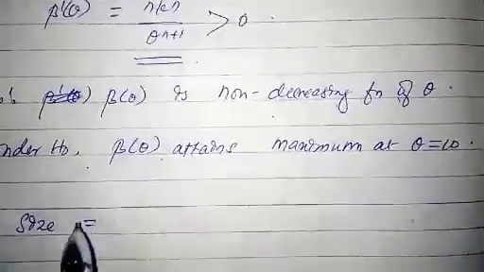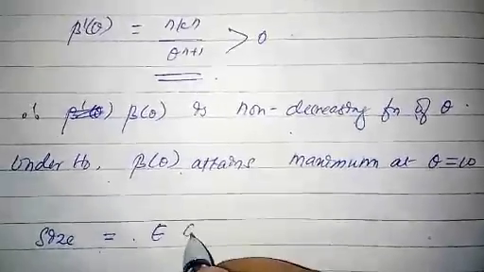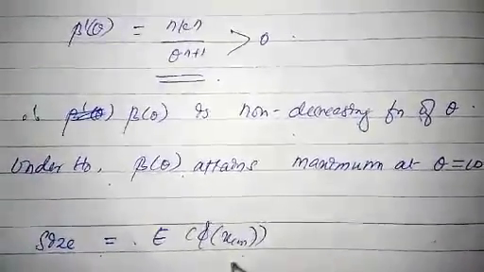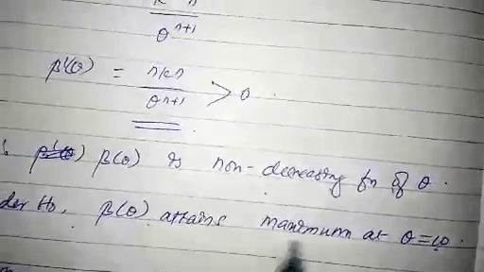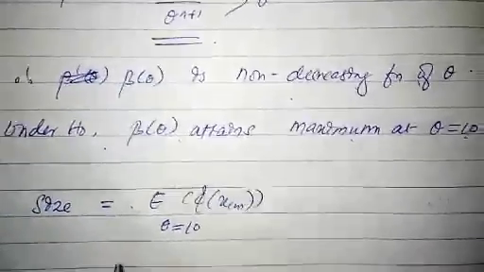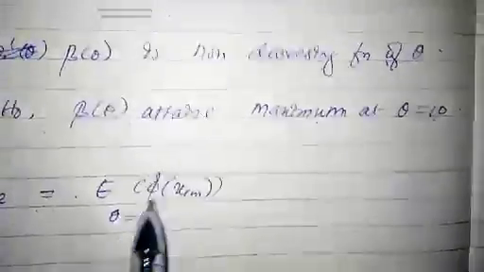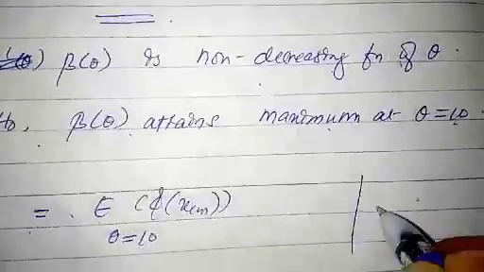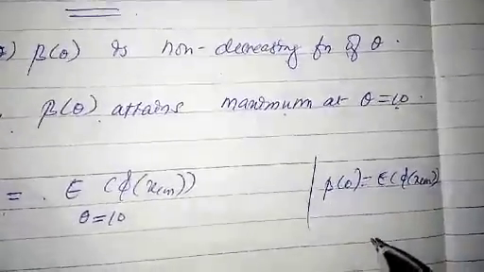So here size equals expectation of phi of xn at theta equal to 10, where beta of theta attains maximum. What is the value of expectation of phi of xn? You know that beta of theta equals expectation of phi of xn.